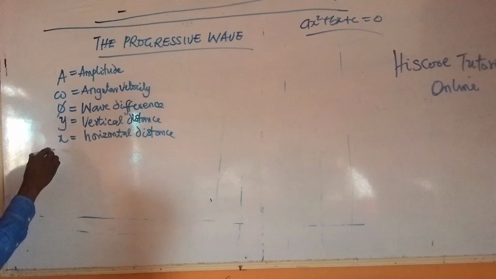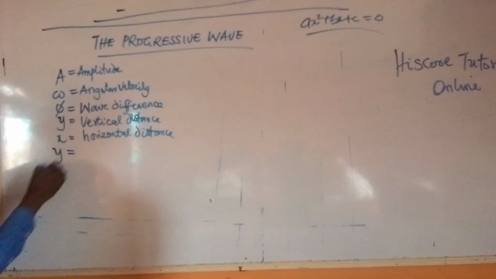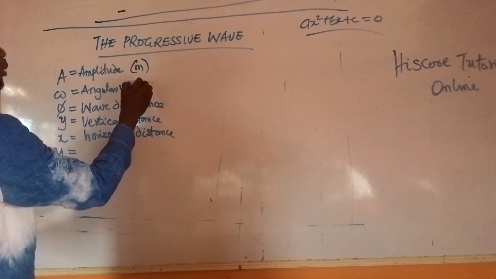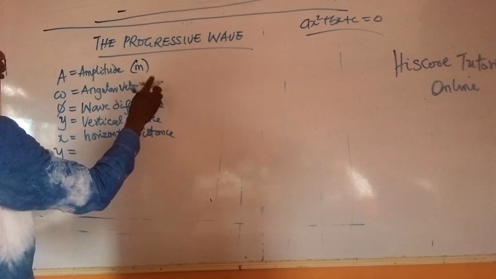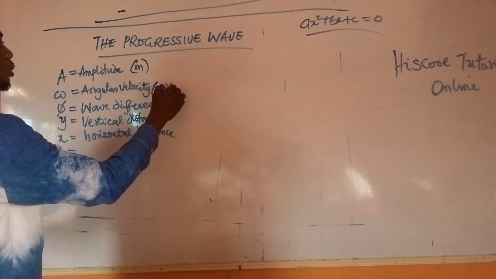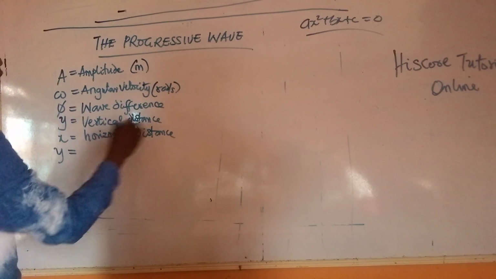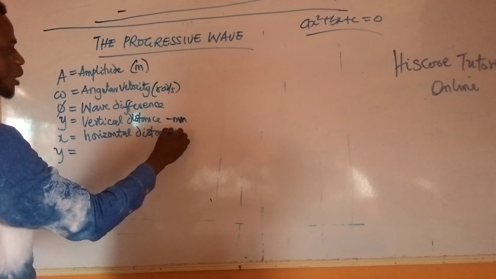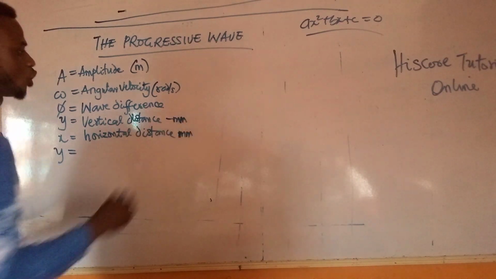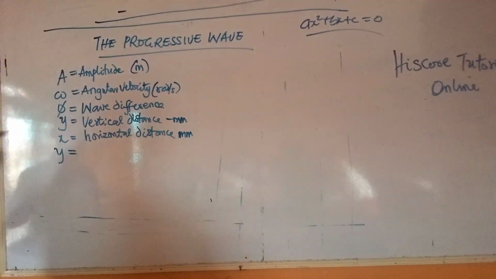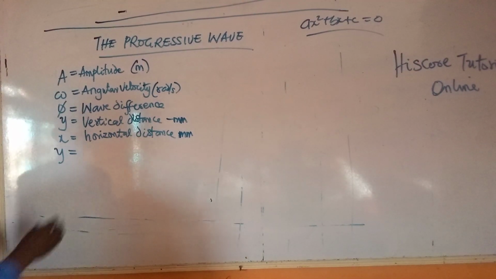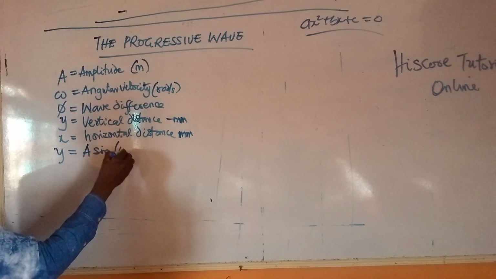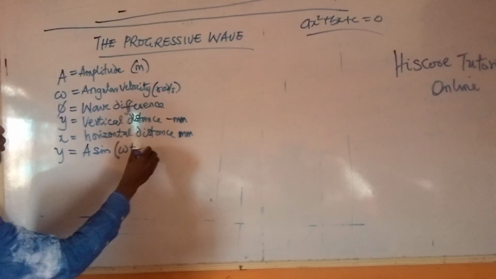In a progressive wave, we have that y is equal to, don't forget, this one is in meters, this one is in rad per second, this one is in millimeter, also sometimes in millimeter when the height is given. Having y equals to A sine open bracket omega t minus phi.